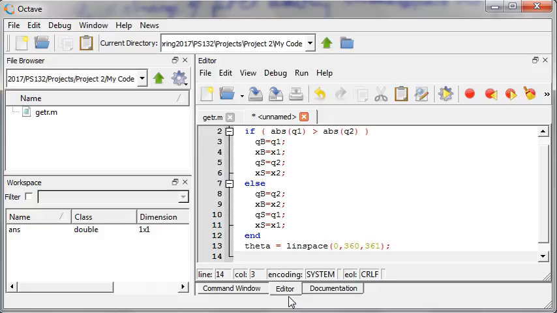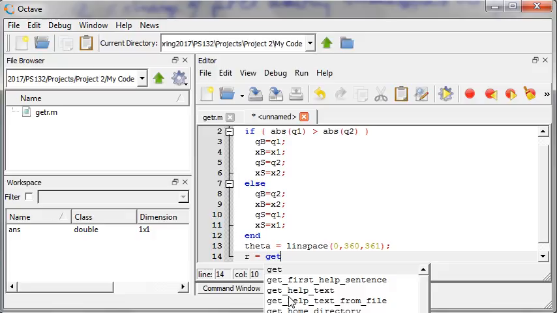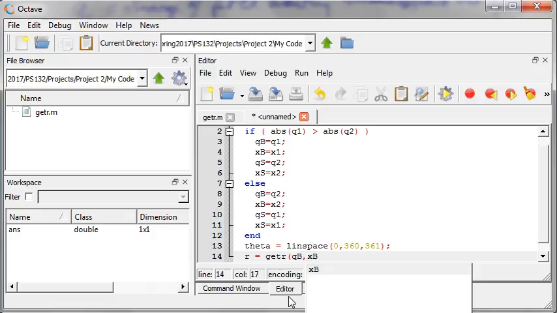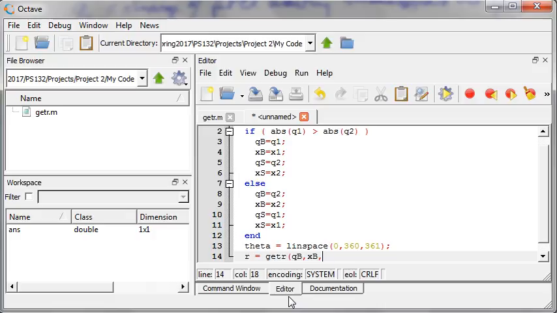Don't print them out. And then R equals getR of QB, XB, QS, XS, theta.